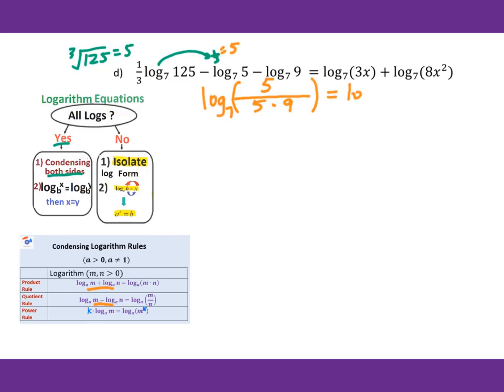Right side, log base 7. We do multiplication: 3x times 8x squared. Then reduce. Left side, we got log base 7 of 1 over 9 equals log base 7 of 24x to the third power.